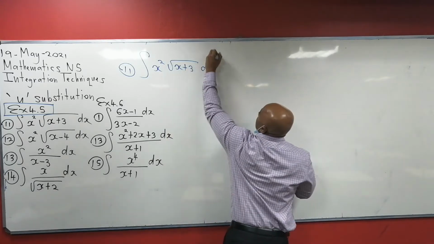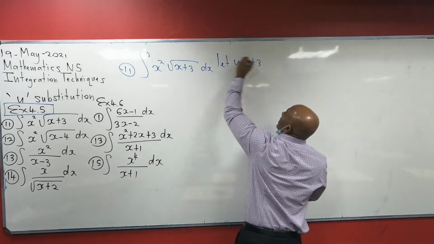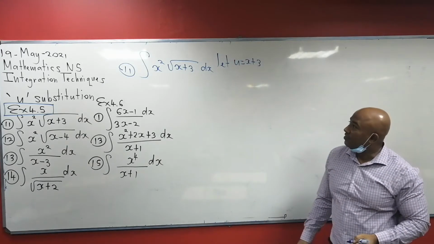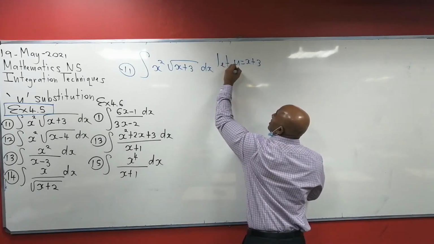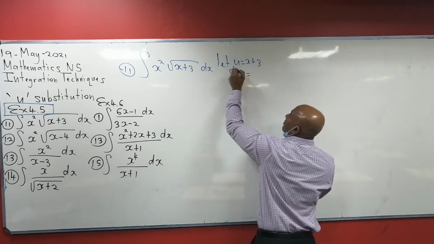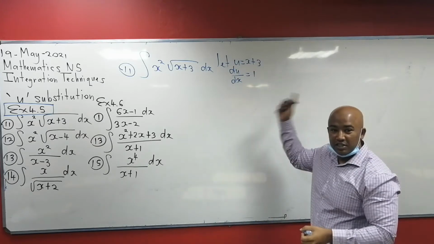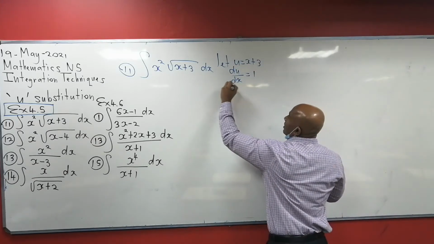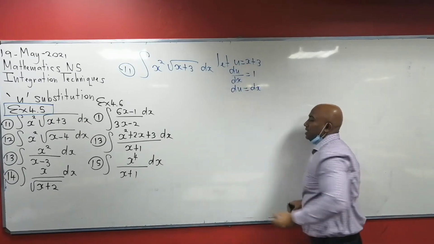Alright, so for these type of examples, let's have a look at the substitution we're going to use here. If I let u equal to x plus 3, and then du over dx, the derivative of x plus 3, the derivative of x is just 1, derivative of 3 is 0. So therefore du is equal to 1 times dx, which is dx.